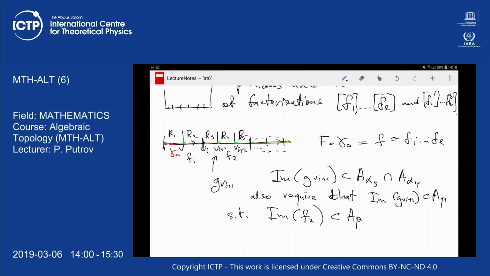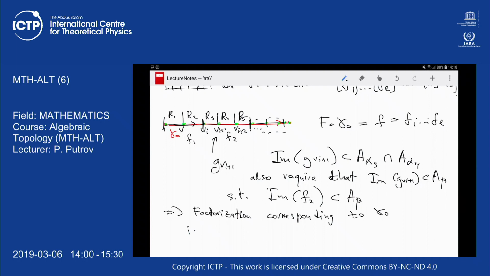And so therefore the factorization corresponding to gamma 0, as constructed before, for general gamma R we constructed a certain factorization, is equivalent to the factorization F1 through FL. Because if we start with the path F2, we can relate it up to homotopy to a composition of the path corresponding to this edge, then G corresponding to this vertex, the path corresponding to this edge, then G corresponding to this vertex, and so on.